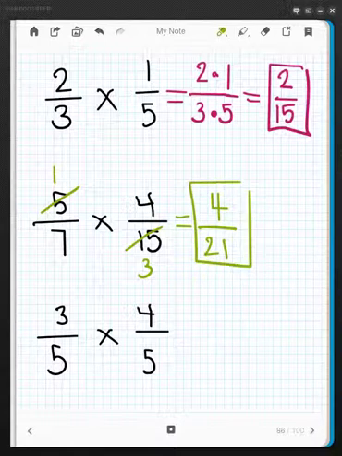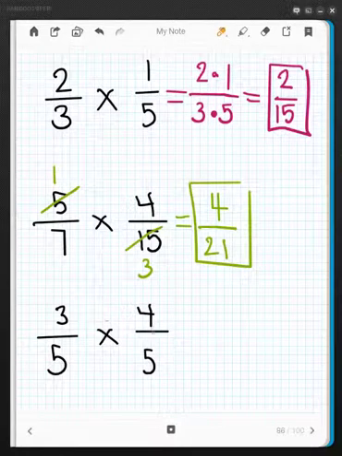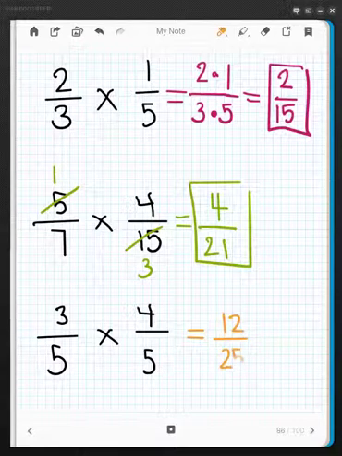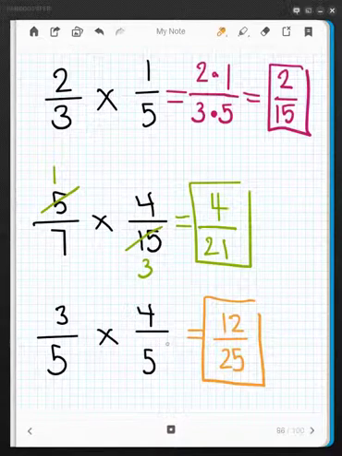All right, moving on to the next one. We have 3 times 4 in the numerator, 12, and 5 times 5, 25 in the denominator. Now something that gets a lot of students on this particular type of problem, see how the denominators are the same? Well, we've been doing probably a lot of addition of fractions, and when we add fractions, when the denominators are the same, we just carry along that common denominator.